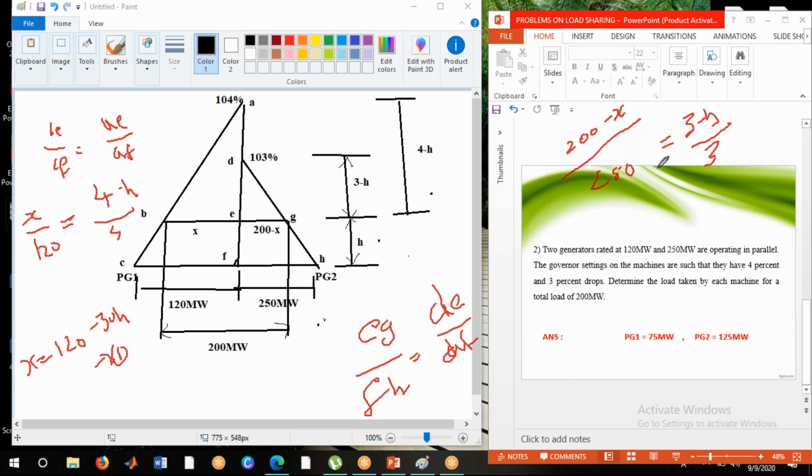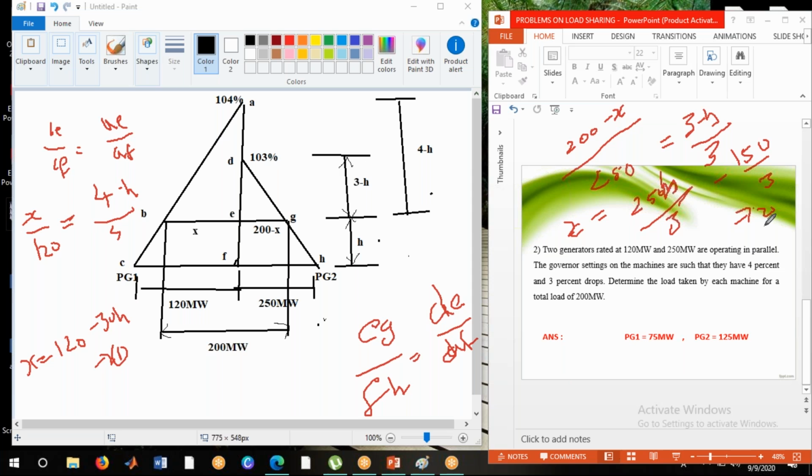From this, by solving this equation, you will get X equals 200 minus (250H divided by 3) minus 150 divided by 3.